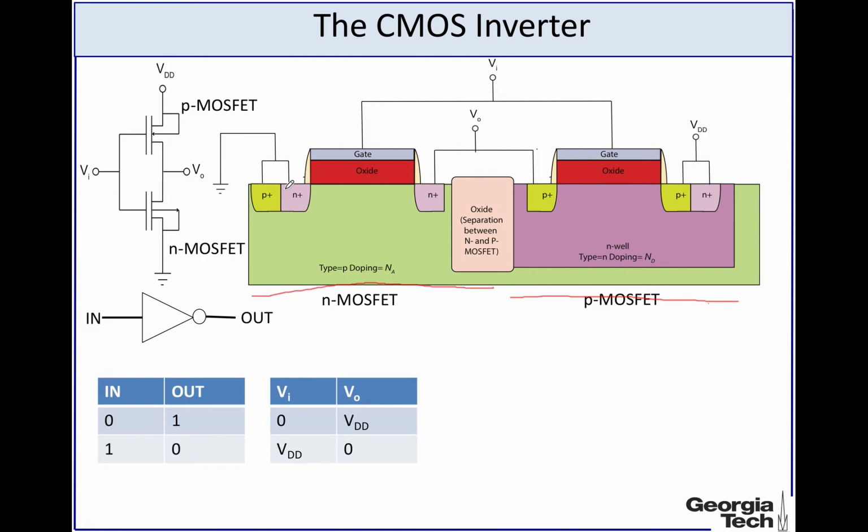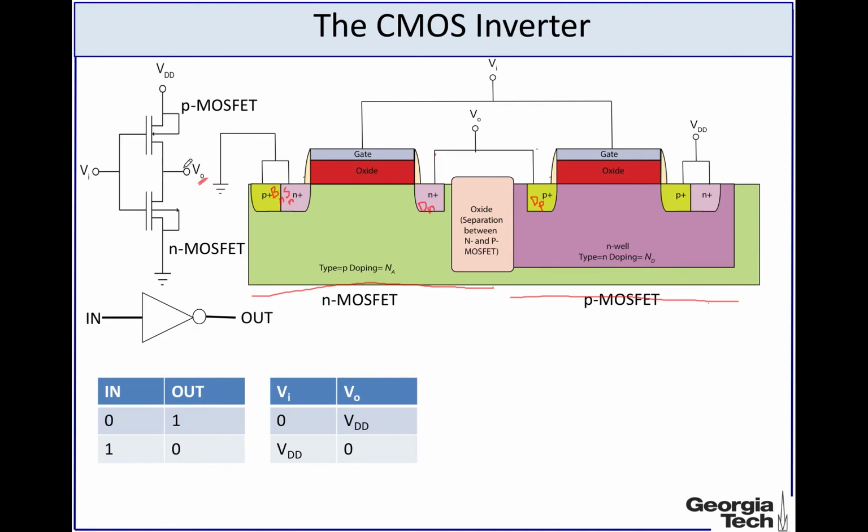This is the source of the N MOSFET, and this is the body of the N MOSFET. So let's say SN and BN, and these are shorted and connected to the ground. This is the drain of the N-type MOSFET, and this is also the drain of the P-type MOSFET, and they are connected to each other, and this is the output voltage.